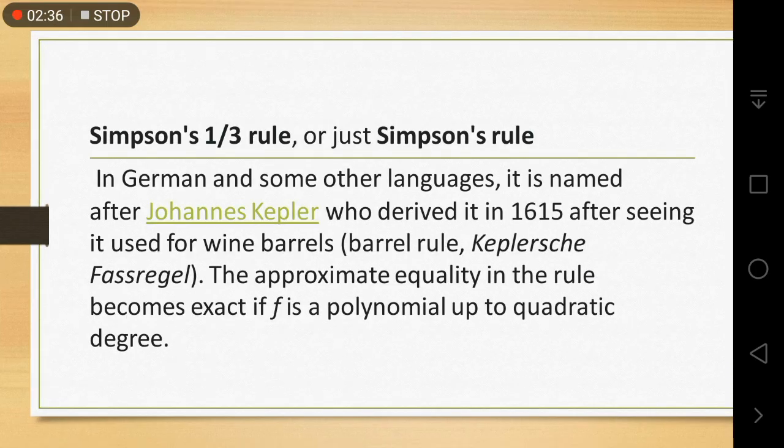Simpson's 1/3 rule is known as Simpson's rule, and in German and some other languages it is named after Johannes Kepler, who derived it in 1615 after seeing its use for wine barrels, the barrel rule or Kepler's Faustregel. The approximate equality in the rule becomes exact if f is a polynomial up to quadratic degree.